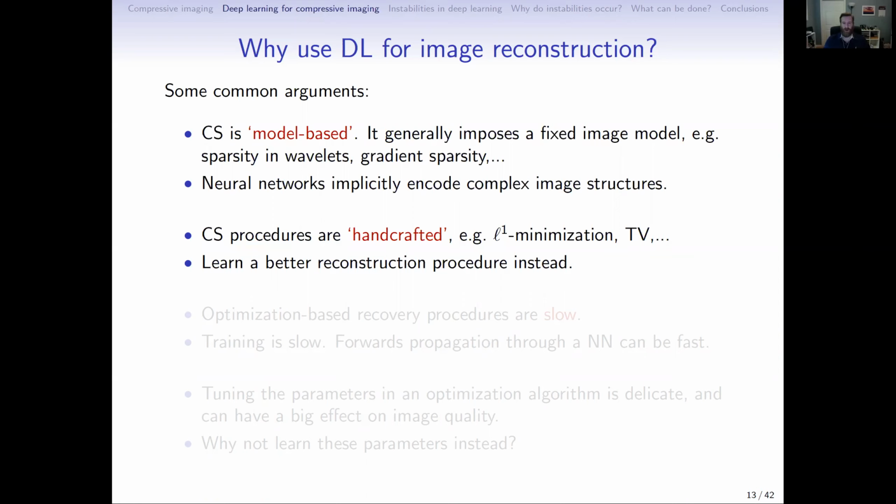So if you write down a very complicated functional, it might not be trivial to devise an algorithm that can solve the optimization problem. So here the idea is, maybe rather than handcrafting something, we can train a neural network to perform the reconstruction.